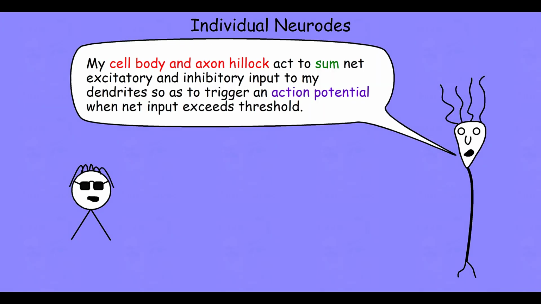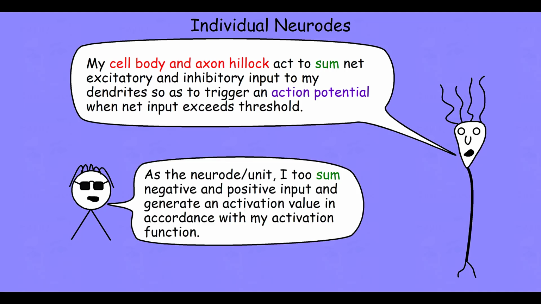Now, recall that at the cell body, where we have the emergence of the axon hillock, activation is summed, so that the net excitatory and inhibitory input from all of the dendrites that filters into the cell body can cause an action potential, an all or nothing event that occurs when the net activation depolarizes the membrane of the neuron beyond the threshold.